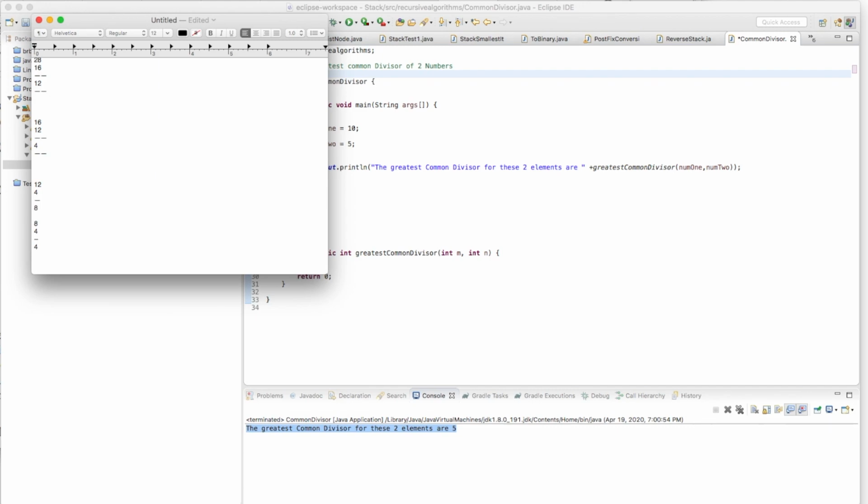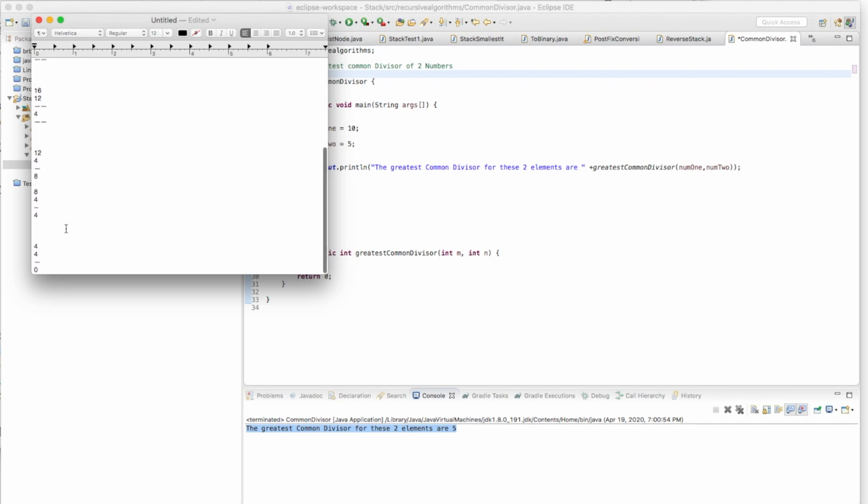Now you have two numbers that are similar. 4 subtracted by 4 equals 0. So at this point you can say that 4 is the greatest common divisor of 44 and 16.